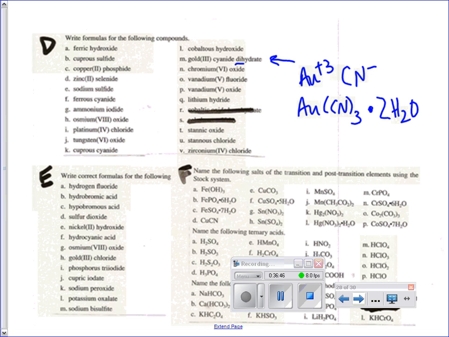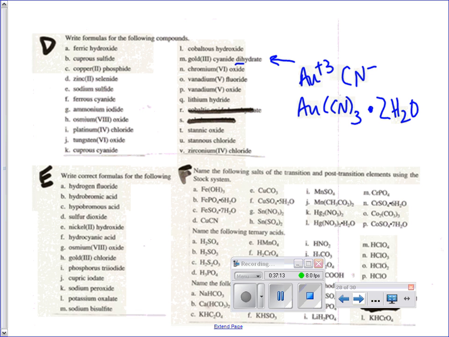Atom. Yep. VF5. P. Leo. Nice. V2O5. And then Mallory. LiH. Good. All right. Last part we're going to do is the, oh, we're not done with this one yet.